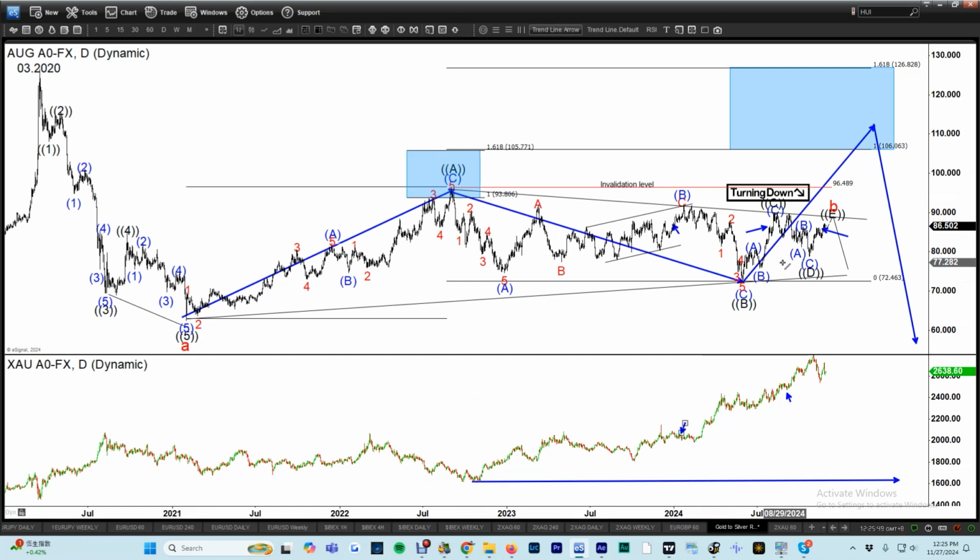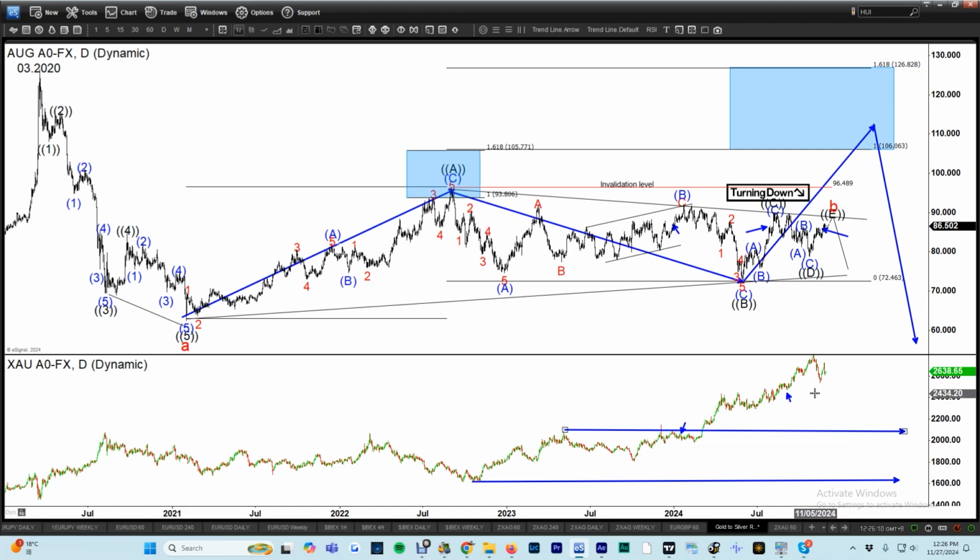However, let's say we go up to 106. I can easily see gold going back to retest 2,000 again. I think that is definitely within the realm of possibility. If we go to 106, we can go back easily to 2,000. Now think about it.